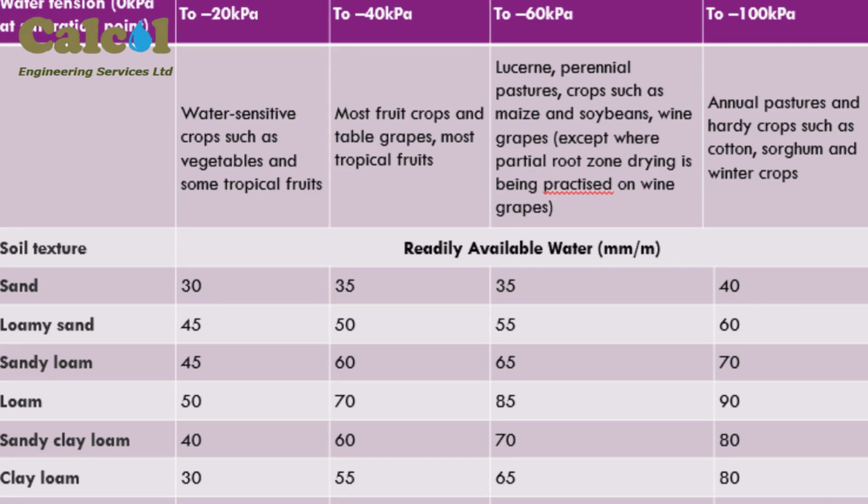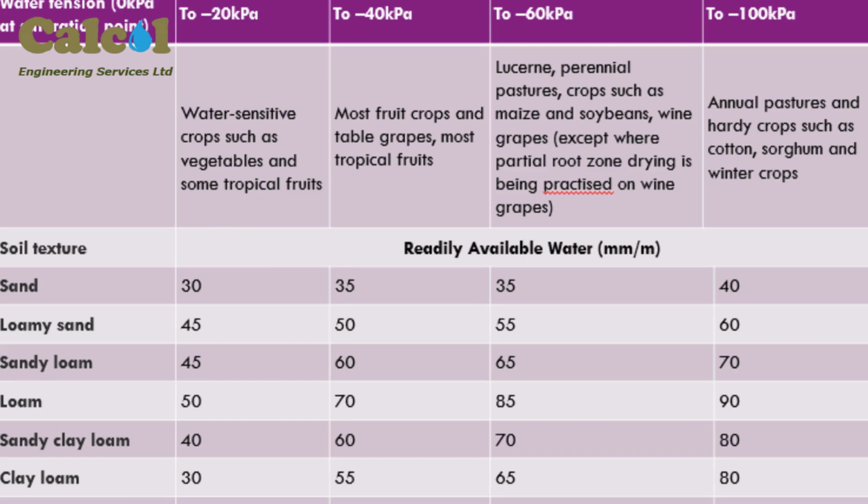So once you do that, and you have identified the raw value for each soil texture in terms of millimeters per meter, now you will reduce the raw figures by the percentage stone and gravel in the soil. Like I said, first of all, before you select the crop water tension group, you determine the soil texture and the percentage stone and gravel for each layer.